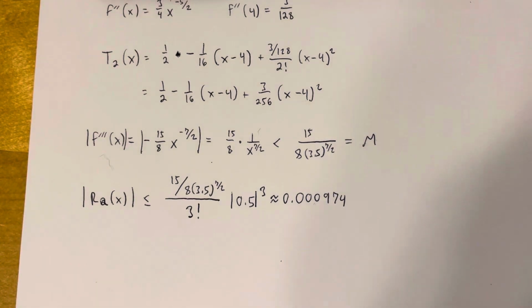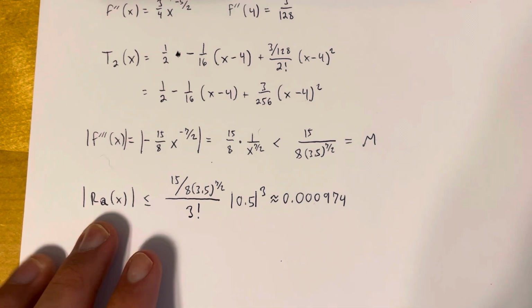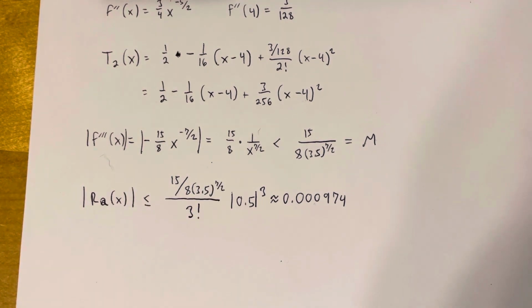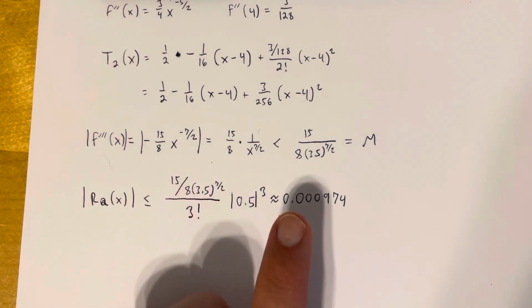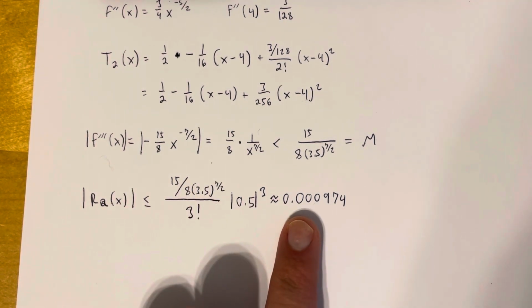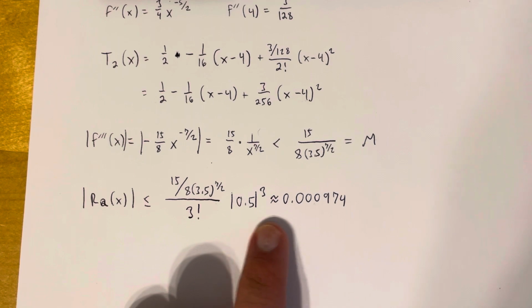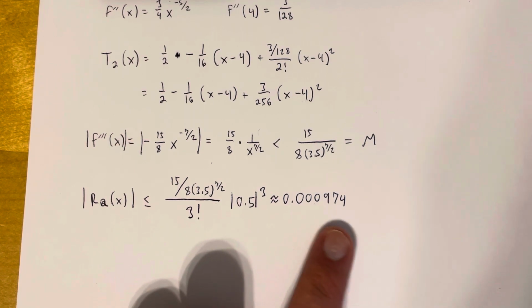All right, so in the last video, we were working through our first example, trying to figure out what the upper bound on our remainder term would be for that second degree Taylor polynomial that we worked out. I needed to punch it into a calculator, so I did that, and then I ended up getting this value right here. This is approximately 0.000974.